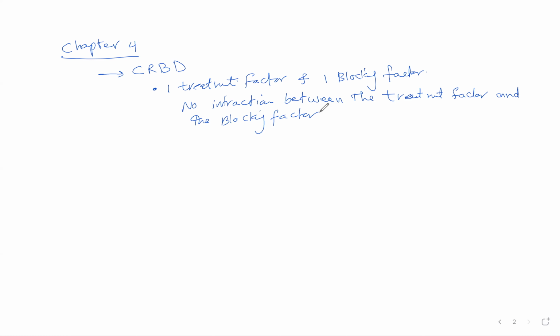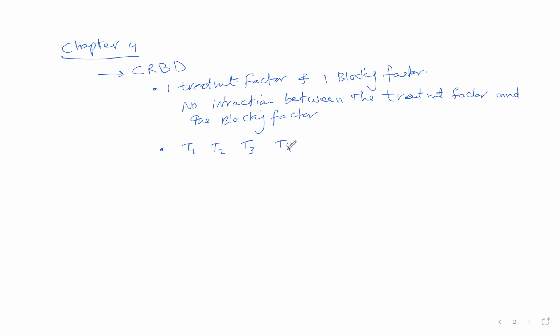So for example, let's say we have 4 treatments, T1, T2, T3, T4. These 4 treatments can be the 4 levels of the treatment factor. In general, it can be a combination of all the levels of all the treatment factors.